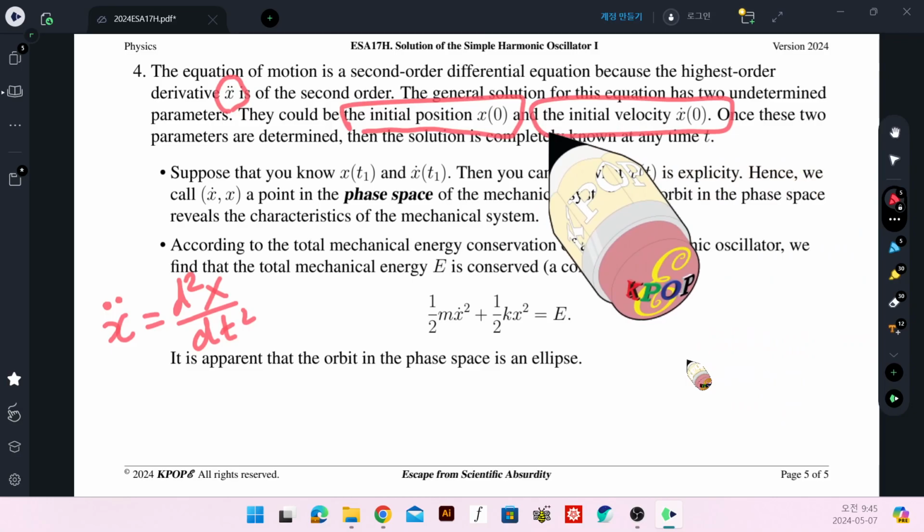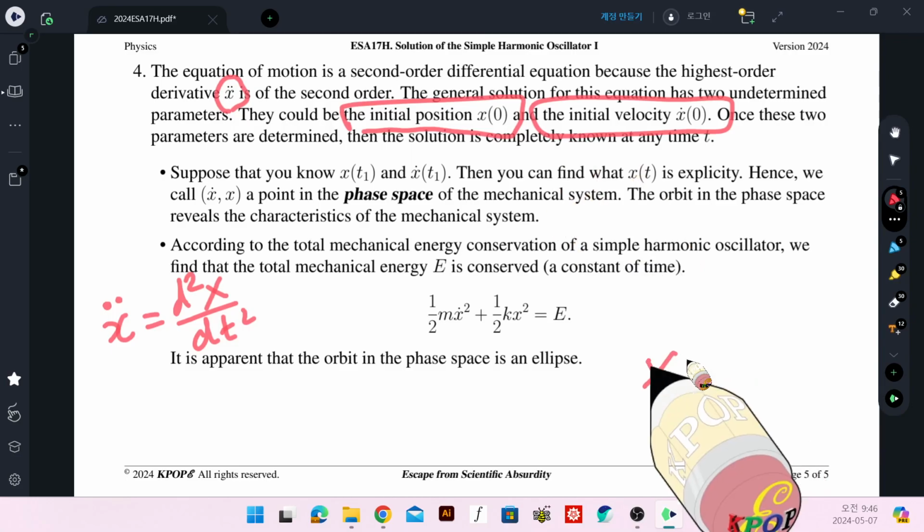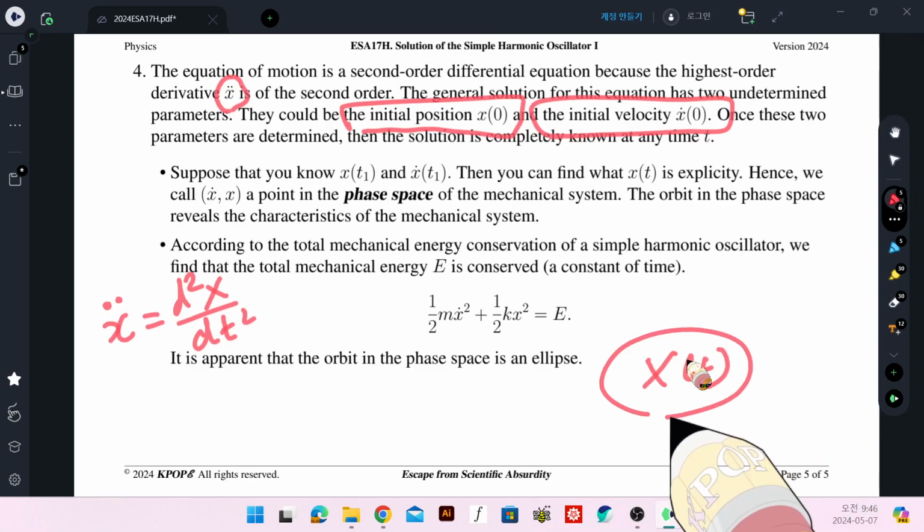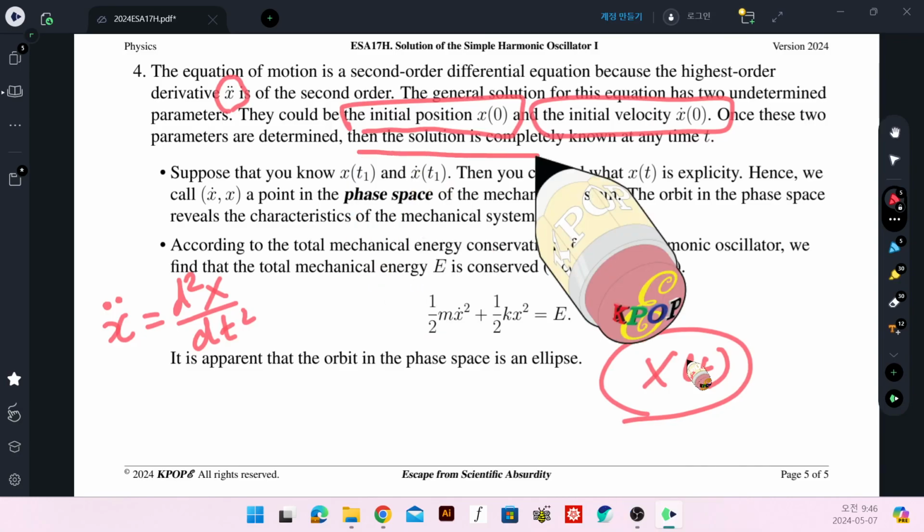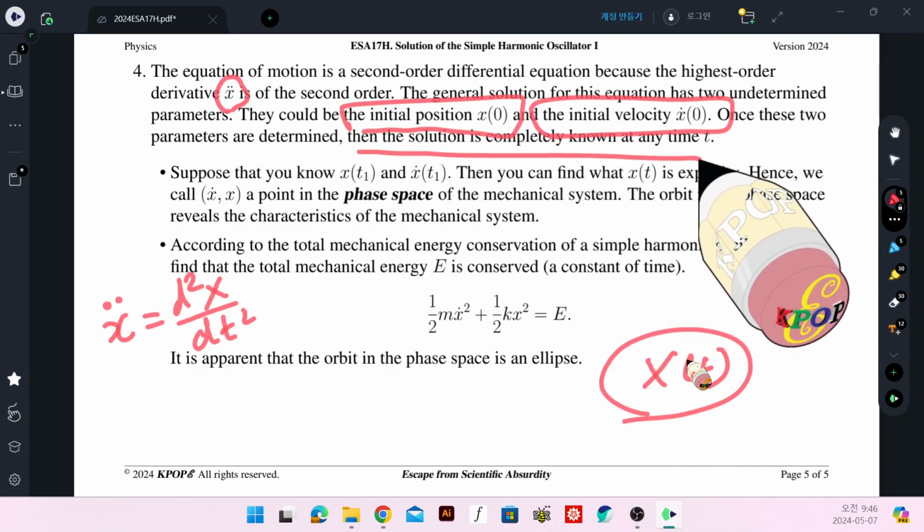When the two independent parameters are determined, classical mechanics of Newton states that x of t, the position of the particle, is completely determined forever, as long as the system is unperturbed. Once these two parameters are determined, the solution is completely known.